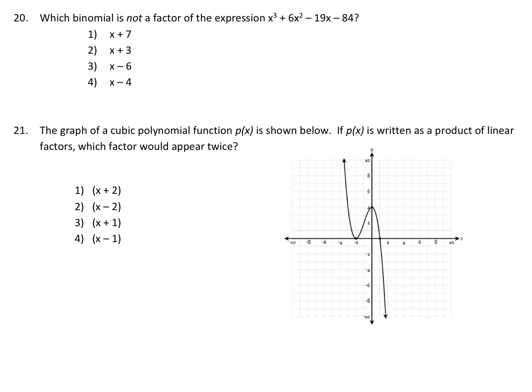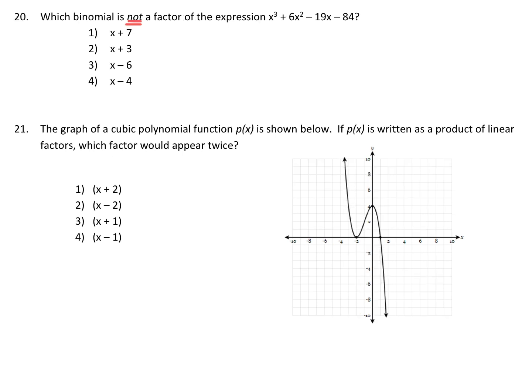All right, so number 20. Which of the following is not a factor of this expression? Just underline that word not to make it stand out. Now, if you have 4 terms, you could try to factor this through grouping. So if we group together the first 2 terms, I could pull out an x squared, which would leave me with x plus 6.